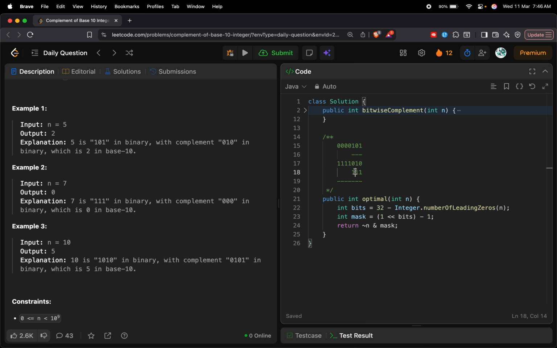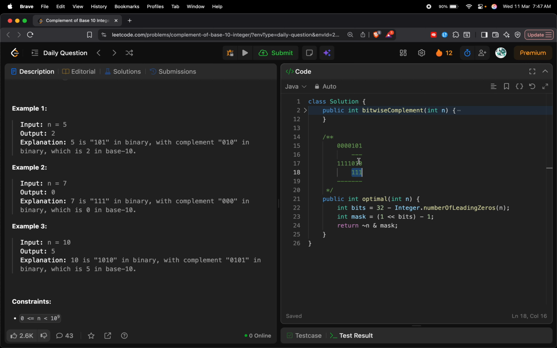If I can generate a number whose binary representation is all ones of the same length, and I do AND, only these bits will be preserved, right? So how can I generate a binary number with these many ones?